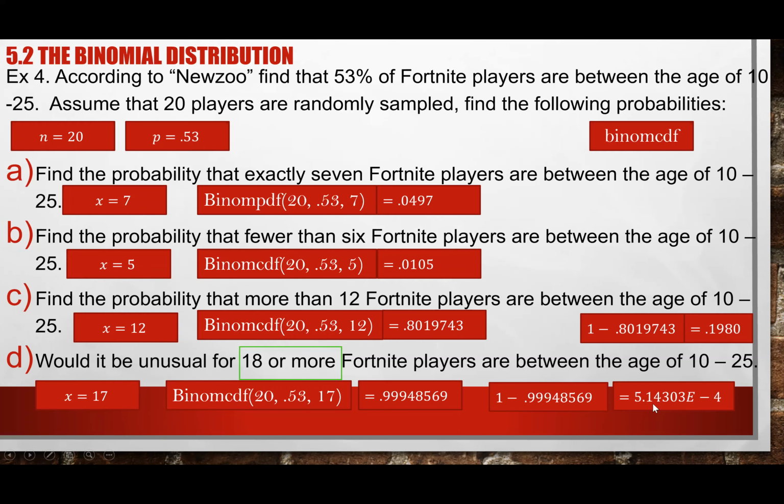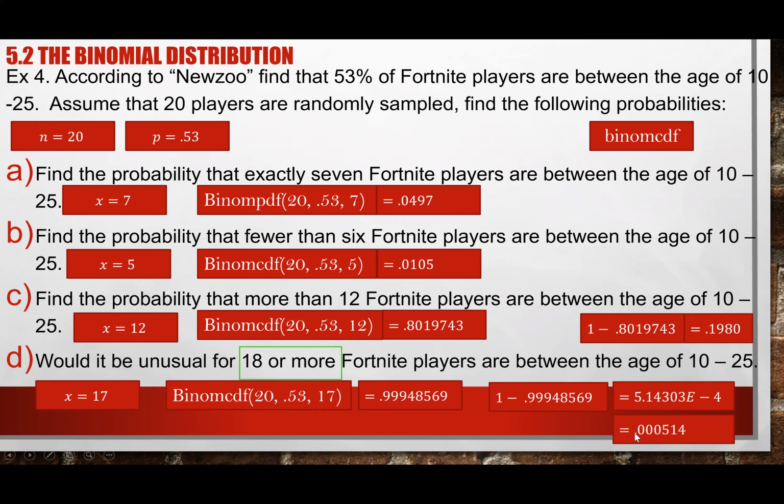The probability is not 5.14, okay? The E to negative 4 tells you that the decimal has to move 4 places to the left. The decimal was right here at 5.14, so I have to move 1, 2, 3, 4 places.